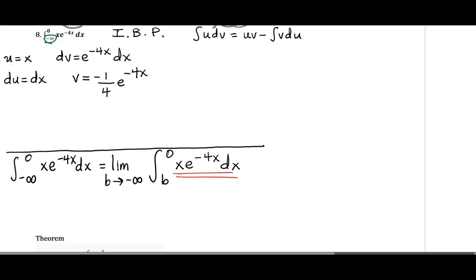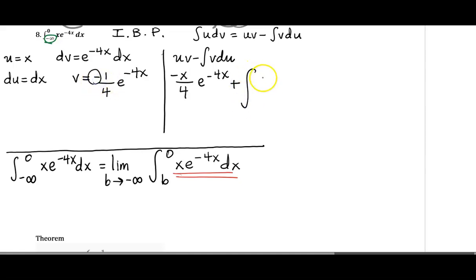And now I will apply uv minus the integral of v du to give me negative x over 4 e to the negative 4x. From that, I add, because v is negative, the integral of 1/4 e to the negative 4x dx.